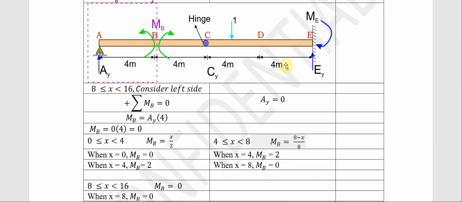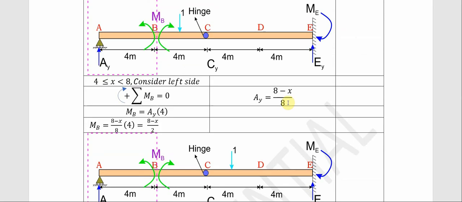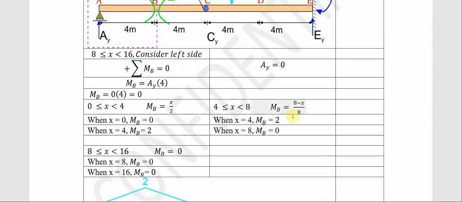Let me go and check. From 4 to s to 8, we have 8 minus s over 2. Sorry, over 2.